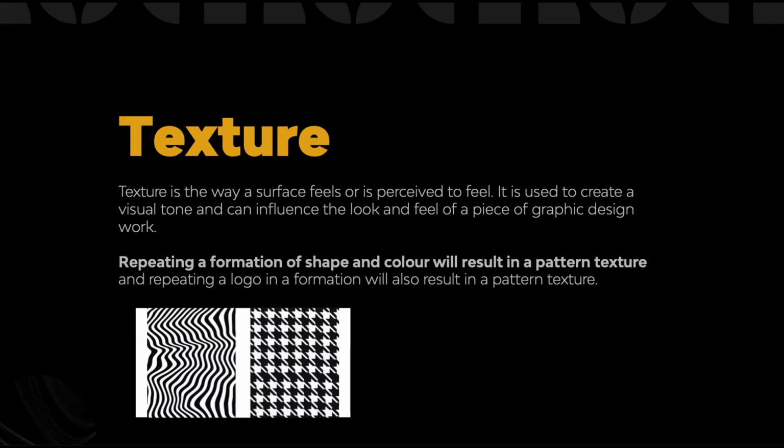Where texture comes into place is that it helps your design have a strong look, something unique, not just plain. And when you repeat this over time, it gives you a pattern. This pattern becomes appreciable when it is used in the right position. This is more of an introductory class, where we just talk about the basics and build on the basics, because when you understand these basics, it helps you build and grow faster.